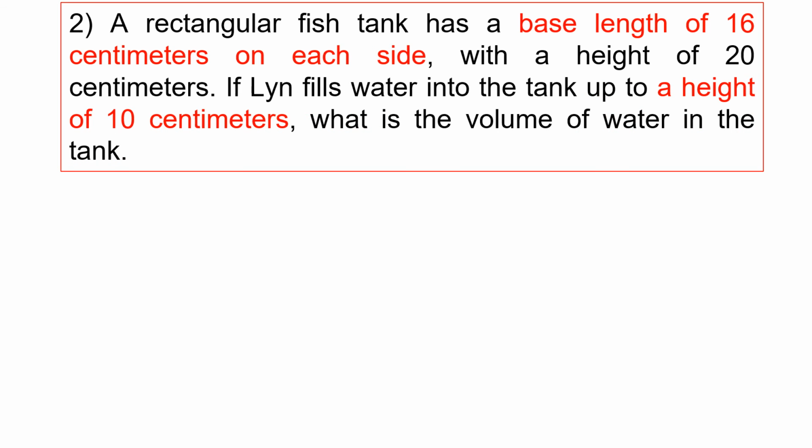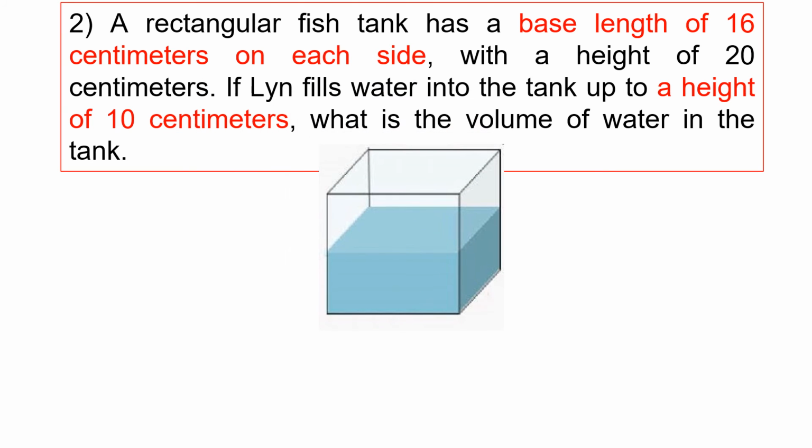Now, let us move on to the second example. A rectangular fish tank has a base length of 16 centimeters on each side, with a height of 20 centimeters. If Lynn fills water into the tank up to the height of 10 centimeters, what is the volume of water in the tank? So as you can see here, the base is a square.